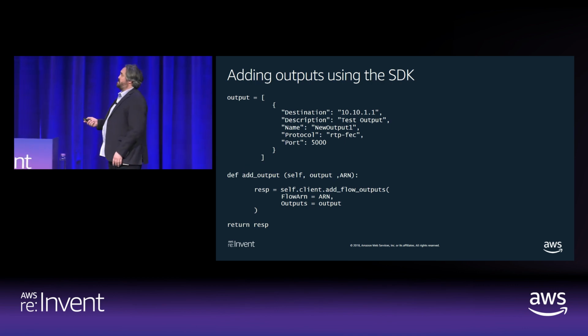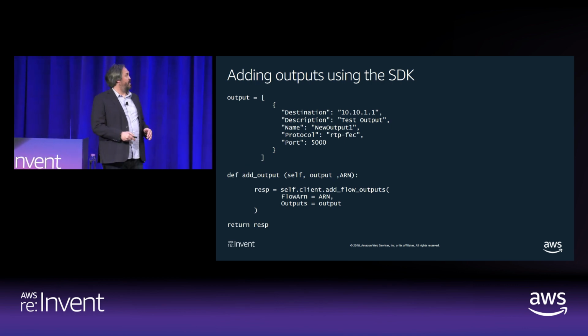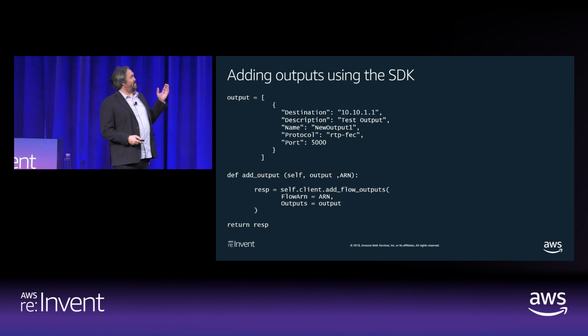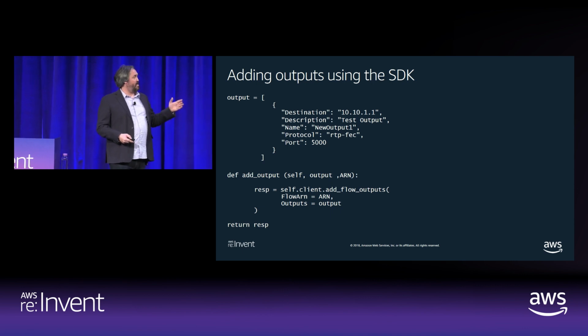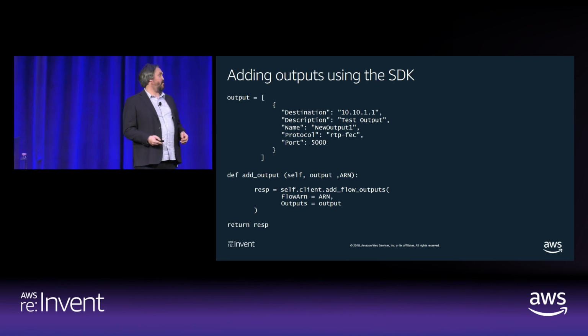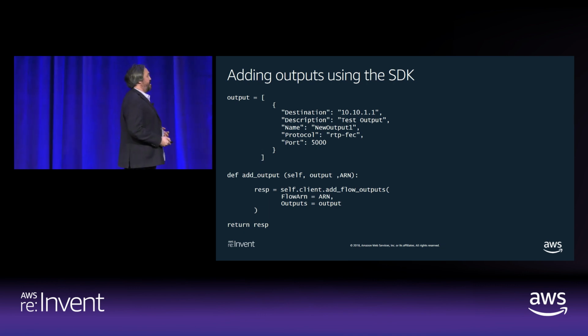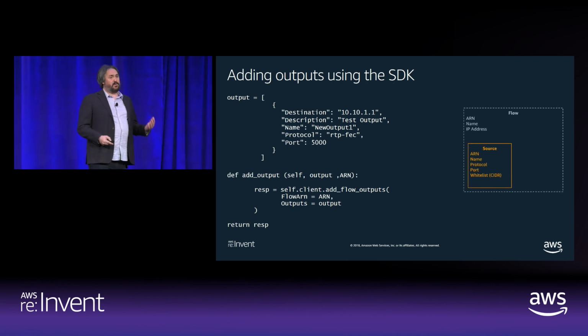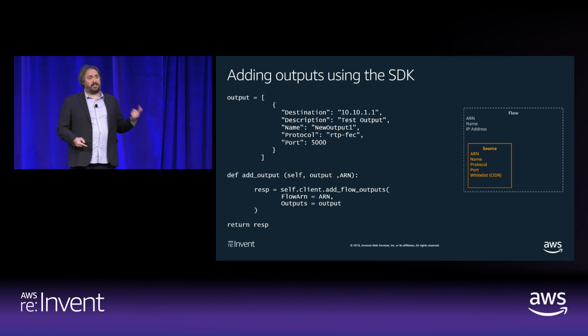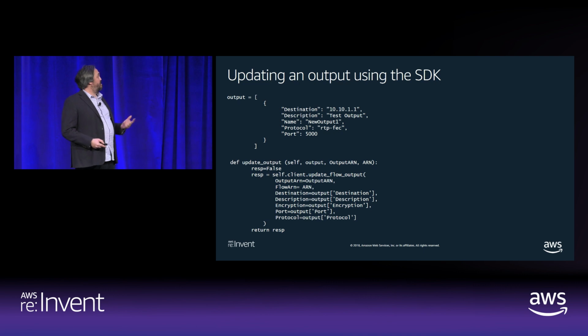In this case, using the SDK, this is pseudocode, so don't judge me on this. But this is creating an output object in Python in this case and passing it through to an add outputs command using the SDK. So again, all of the things that you come to expect with AWS services, SDKs, APIs, all available with MediaConnect. And then lastly, adding a new output to an existing flow.